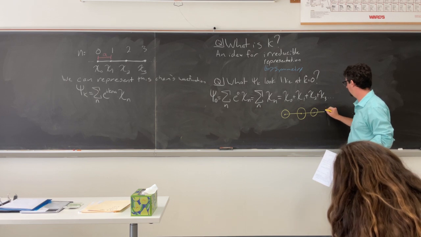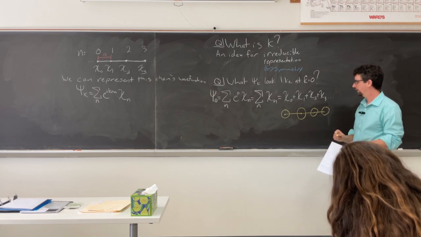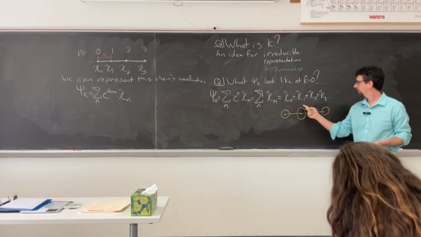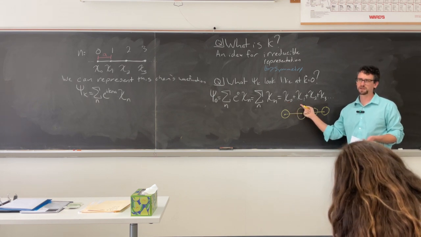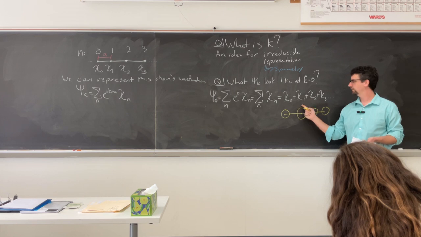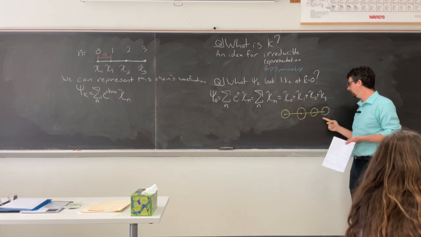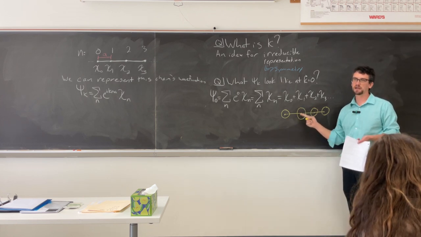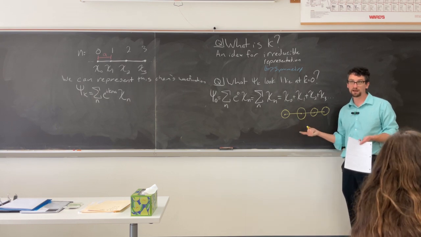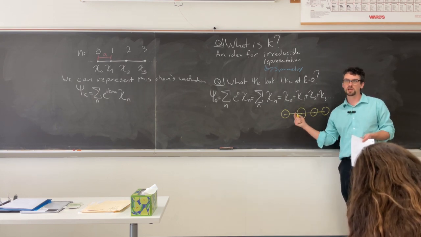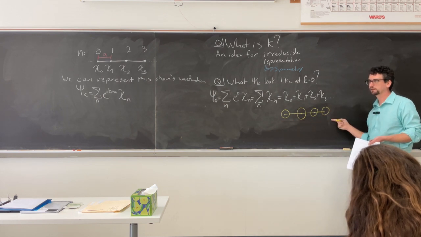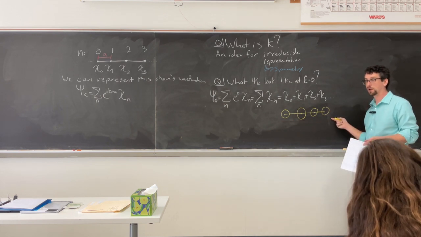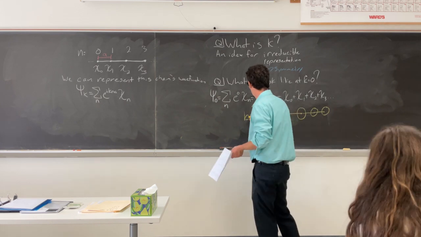That guy. These are the basis functions. Does the sign change between them? No. So they should all be the same sign. I don't have any nodes that I have to introduce in here and change the sign. What type of overlap is this? It's constructive, so it's bonding.